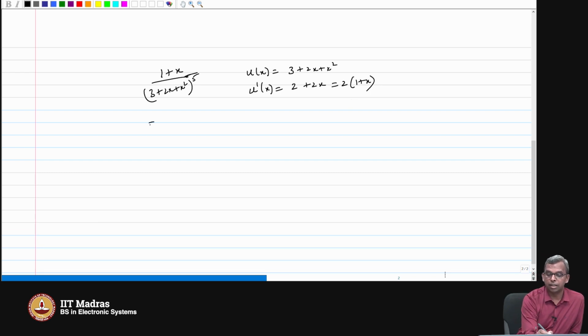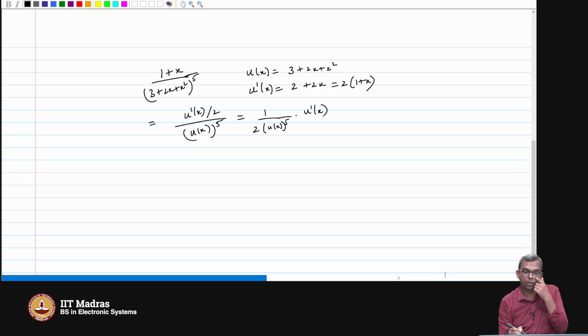So this function is nothing but u prime of x divided by 2, divided by u of x power 5. You can rewrite it as 1 by 2 times u of x power minus 5 times u prime of x. So now you have your simple looking type of formula. You have a u prime of x here and a u of x power minus 5 here, divided by 2, and you can use the composition rule.